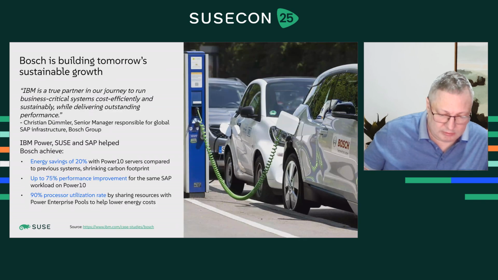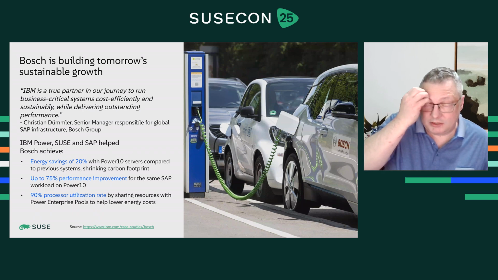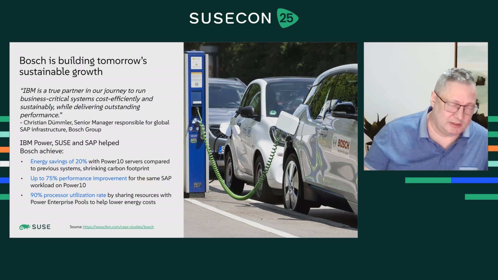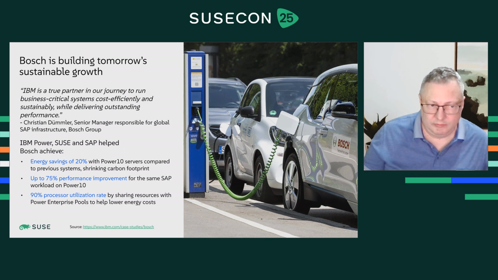So I want to conclude this very short presentation with success stories. Obviously, we have many success stories with IBM Power and SUSE. I wanted to talk about Bosch, Robert Bosch in the Bosch Group, which is maybe the largest, definitely one of the largest SAP users in the world.